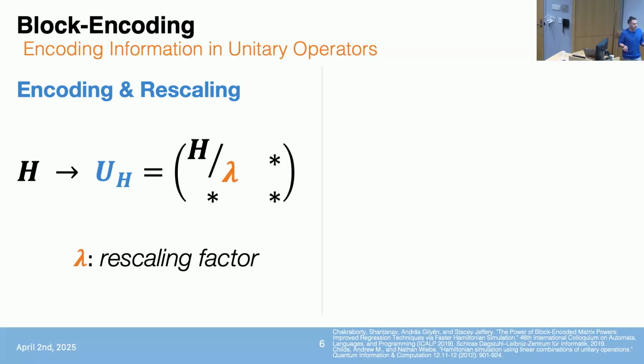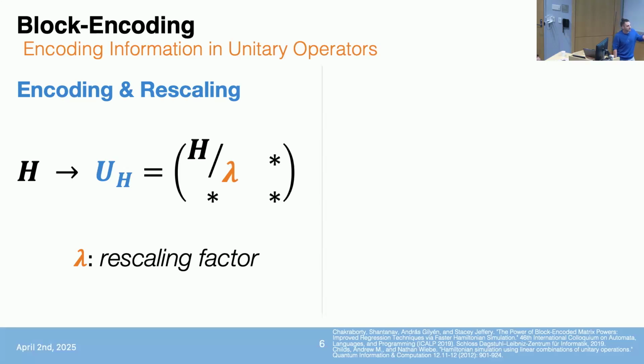It's a very general framework for putting information about any operator or any matrix, actually, that's non-unitary inside of some larger unitary. The way we typically write it is by taking this operator or this Hamiltonian H, and we're going to put it into some unitary, and we're going to stick it in some particular subspace of a larger unitary operator. So now this is a unitary that acts on a larger Hilbert space than just our base matrix, right?